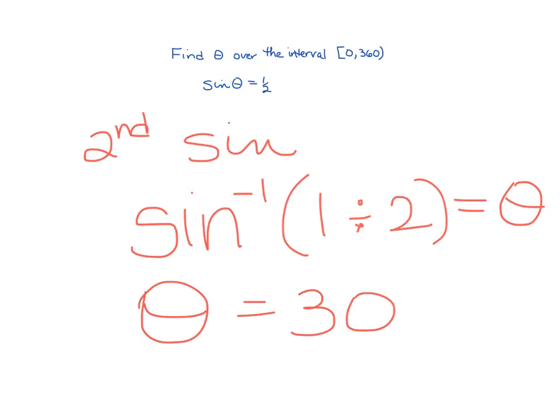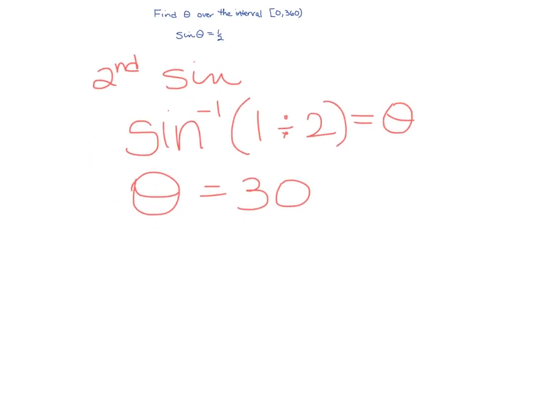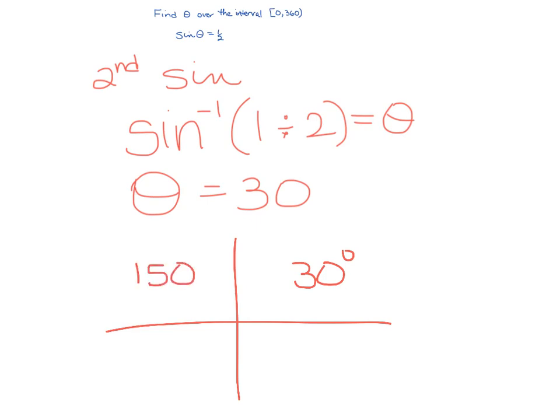Now, when we do this, it's only going to give us our first angle measure, or the one that's in quadrant 1. So now, remember before when we did it by hand, we were looking for 2 values. So now I have to do it by hand by using the quadrants to get the other angle measure. So again, they're giving me the 30, which is in the first quadrant. So now I'm going to subtract it from 180, add it to 180, and subtract it from 360.